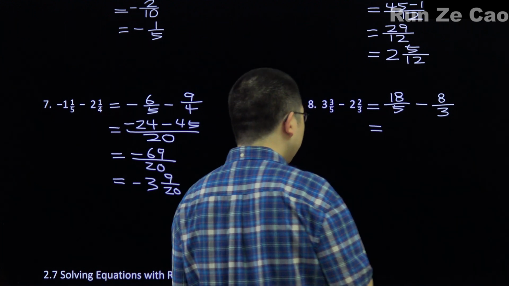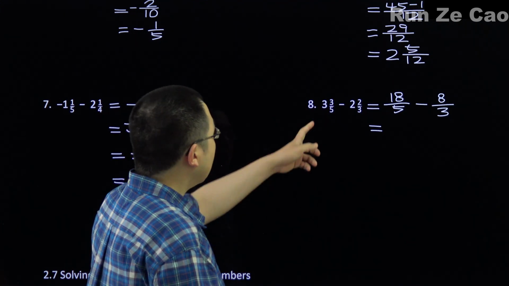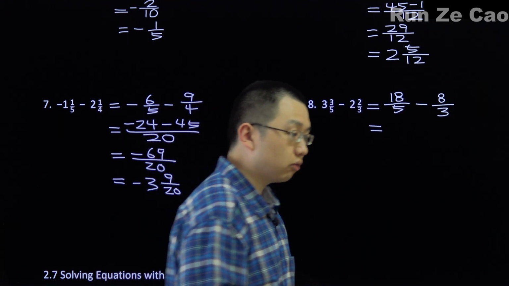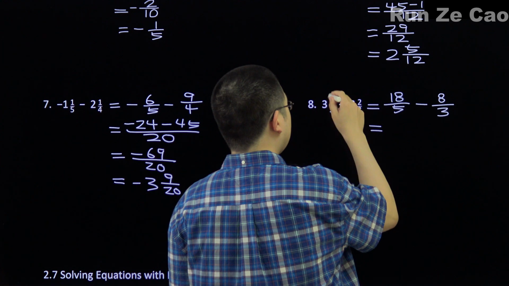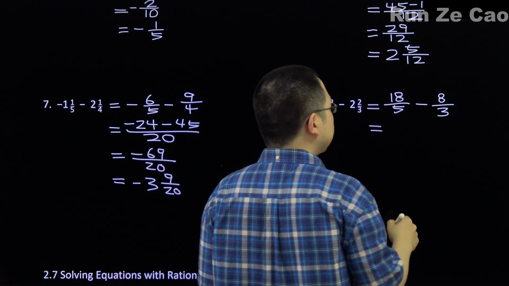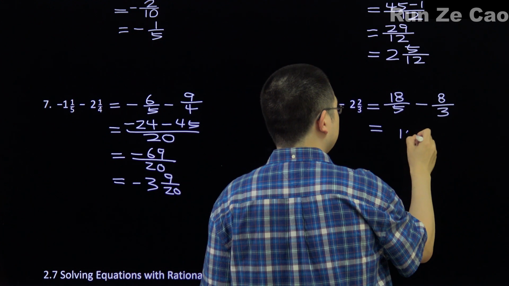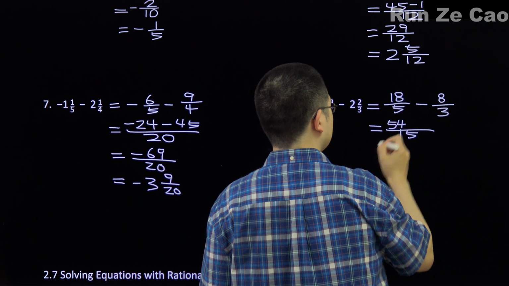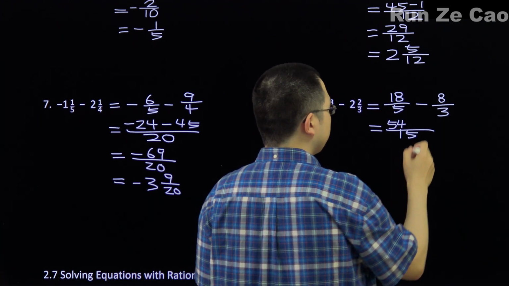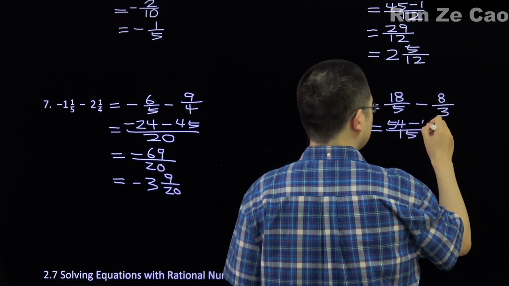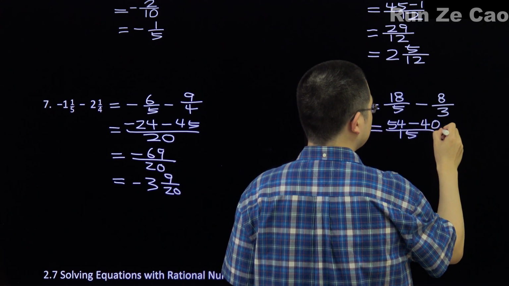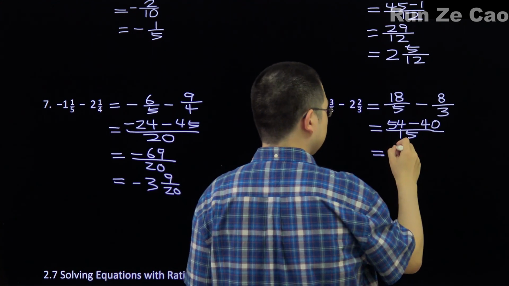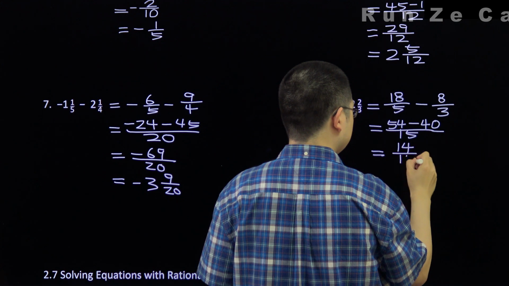So you could also change this problem to say 1 and 3 over 5 minus 2 over 3. That's okay, because you would just be canceling out some of the whole numbers first. So this is out of 15. So 54 over 15 minus 5 times 8 is 40 over 15. And that's going to be 14 over 15.